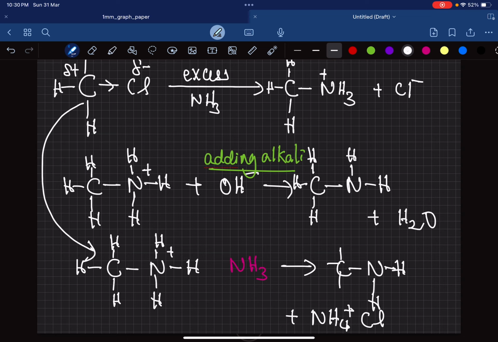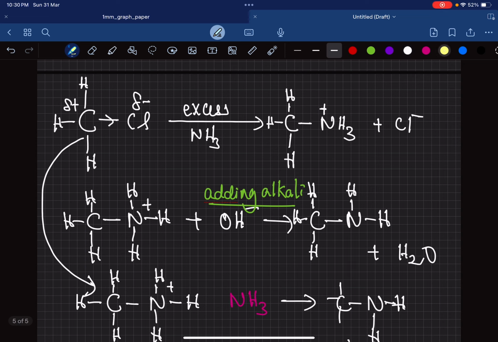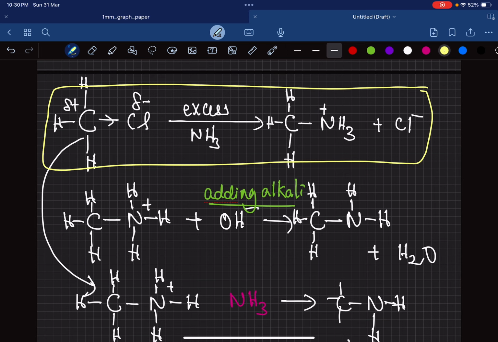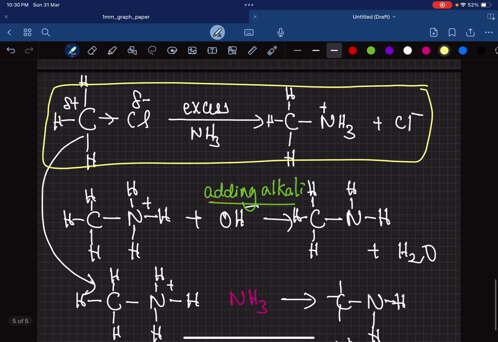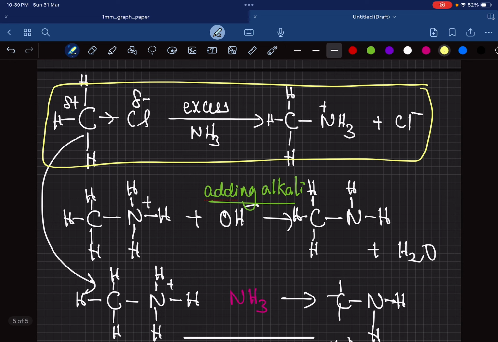So I repeat. From here, we take chloromethane and react it with excess ammonia. We get this species here, which is called methane ammonium chloride.